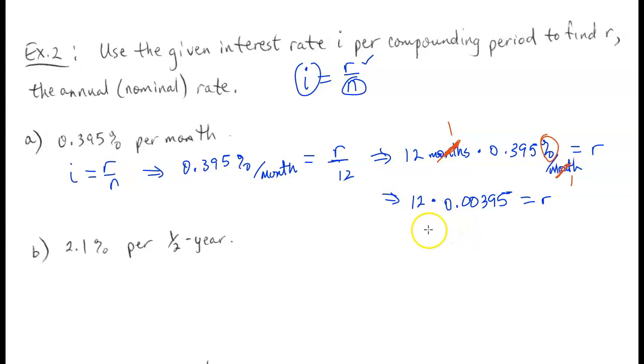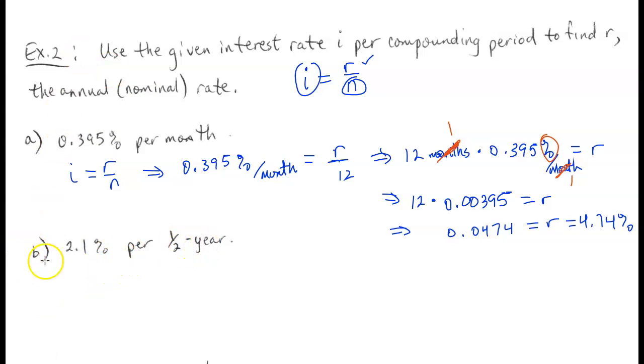And so from there, we see that this result just ends up being 0.0474, which is essentially just going to be 4.74%. So that's the actual annual interest rate, if we looked at it as annual interest rate per year.